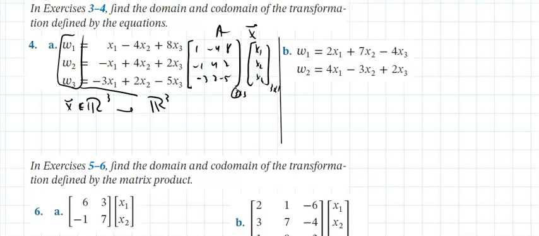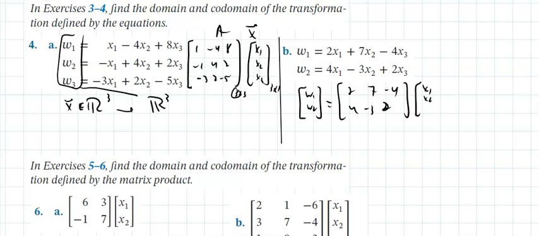Probably it's not very clear, but here, if I rewrite this, wouldn't you say this is W1, W2? Isn't that the outcome? Isn't A 2, 7, negative 4, 4, negative 3, 2? And aren't you multiplying that by x1, x2, x3? Isn't this 2 by 3? And this is 3 by 1.